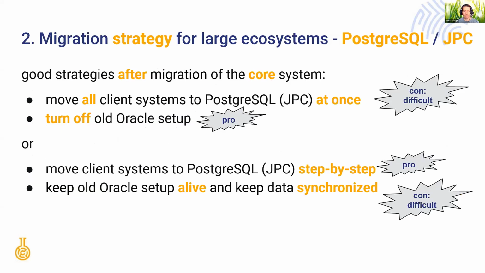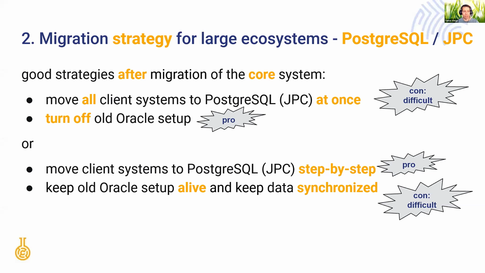About migration strategy, it is important for large companies, for large systems, large ecosystems to have some kind of strategy. And if you want to migrate to JPC from JOC, it is more like migrating from Oracle to Postgres. There are two strategies which are very different, and you have to choose from them. Both have pros and cons.